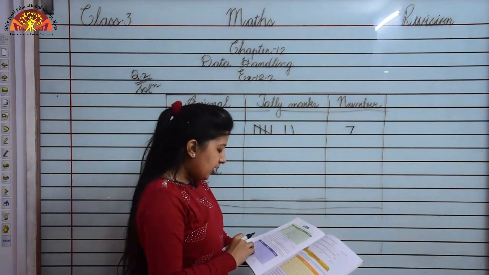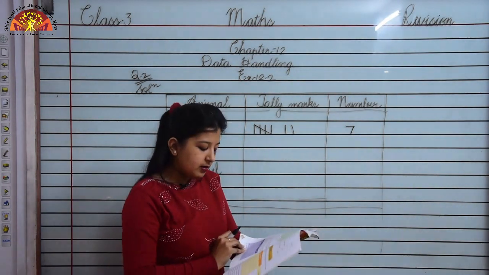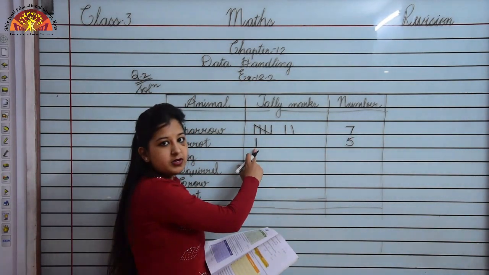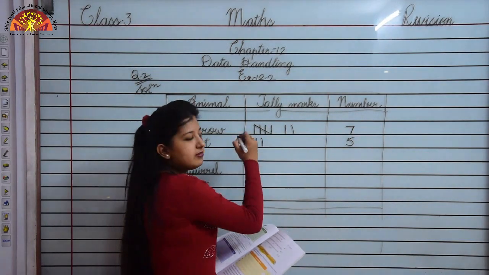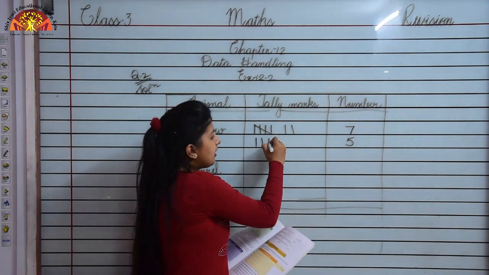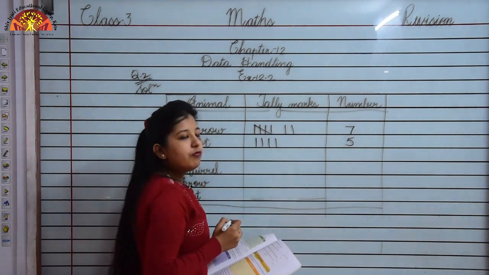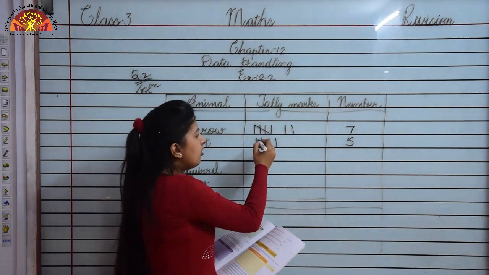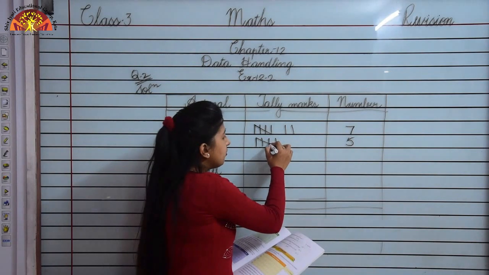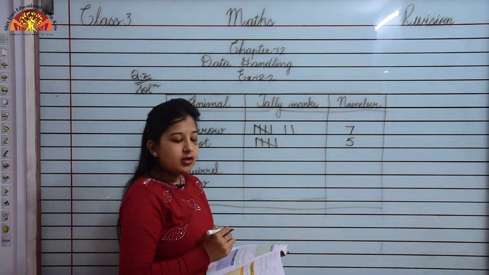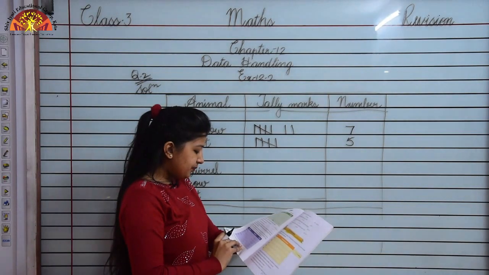Fine. Now here the number of parrots is 5. So we will draw the first vertical line for the first observation, the second vertical line for the second observation, the third vertical line for the third observation and the fourth vertical line for the fourth observation. Then we will draw a line crossing 4 vertical lines for the fifth observation. Now next one is dog.